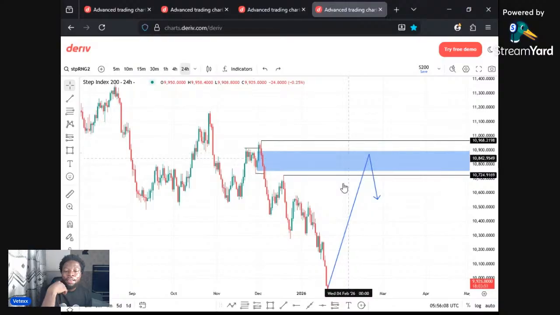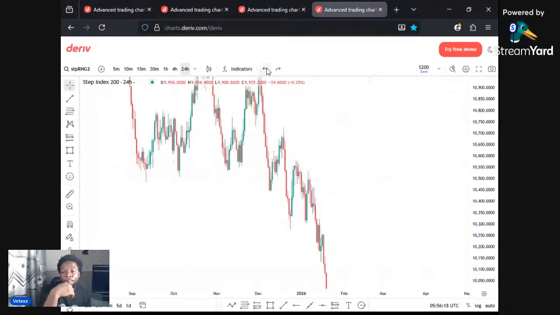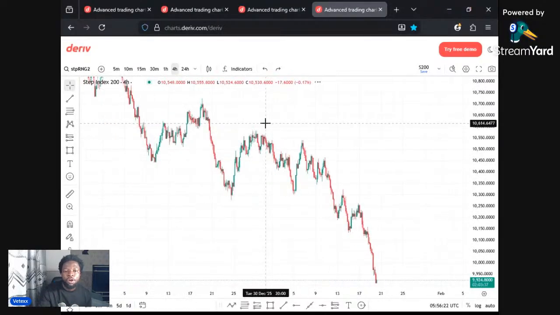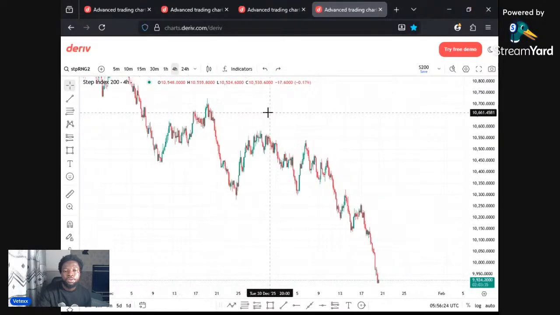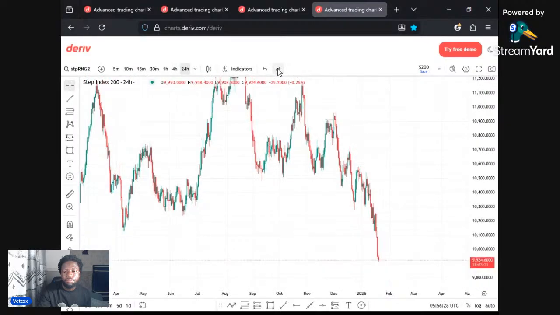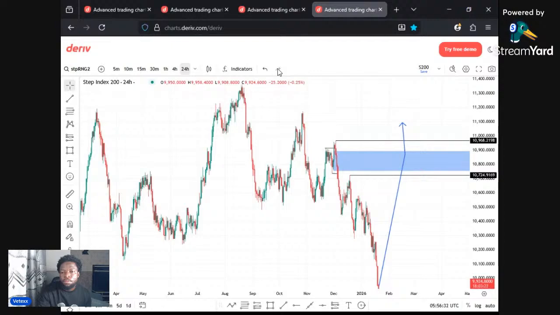But if price doesn't respect this one, if price comes here and does something like this, we anticipate the move from this zone. Anticipate the move from the 4 hour, 24-hour zone, which is going to be this point.